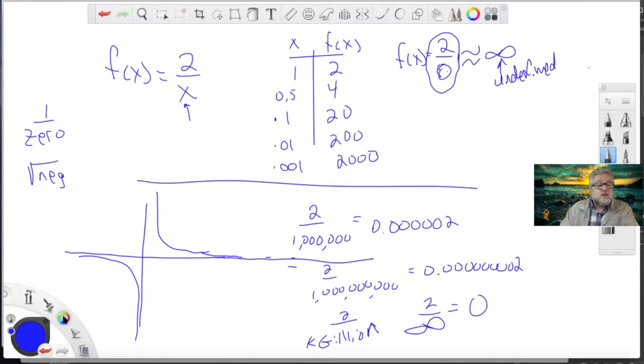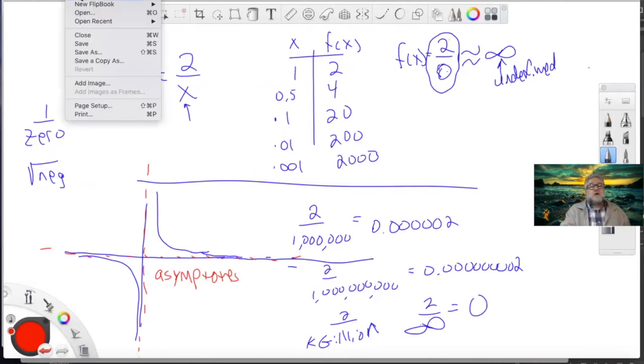So these things here, where the function kind of blows up to infinity, or here, where it slowly approaches a line but never quite reaches it, these are called asymptotes. And asymptotes occur when you're doing something like dividing by 0. That's very common, okay?